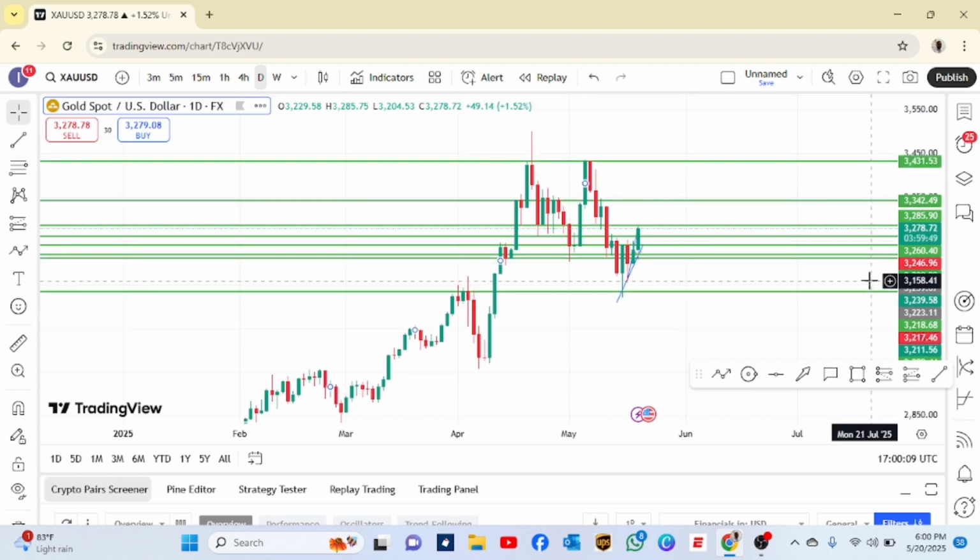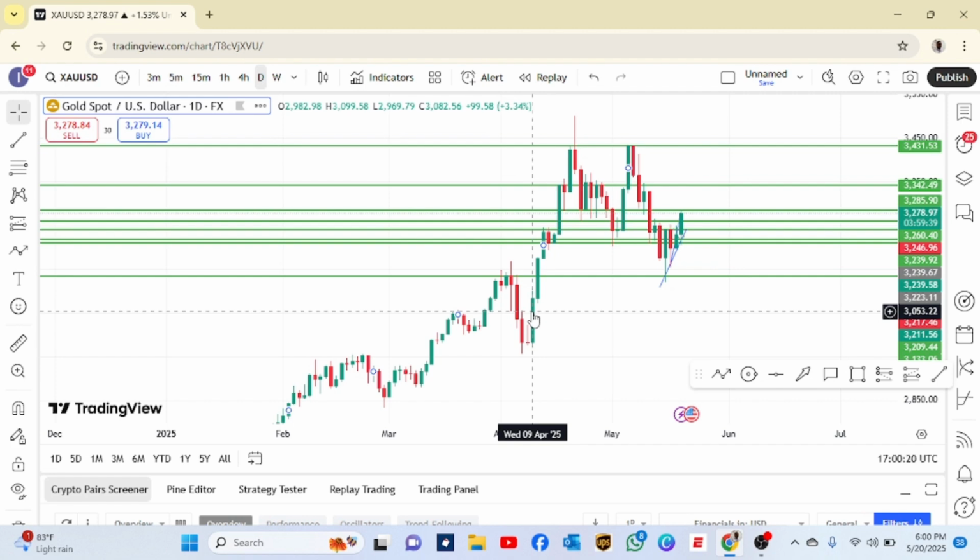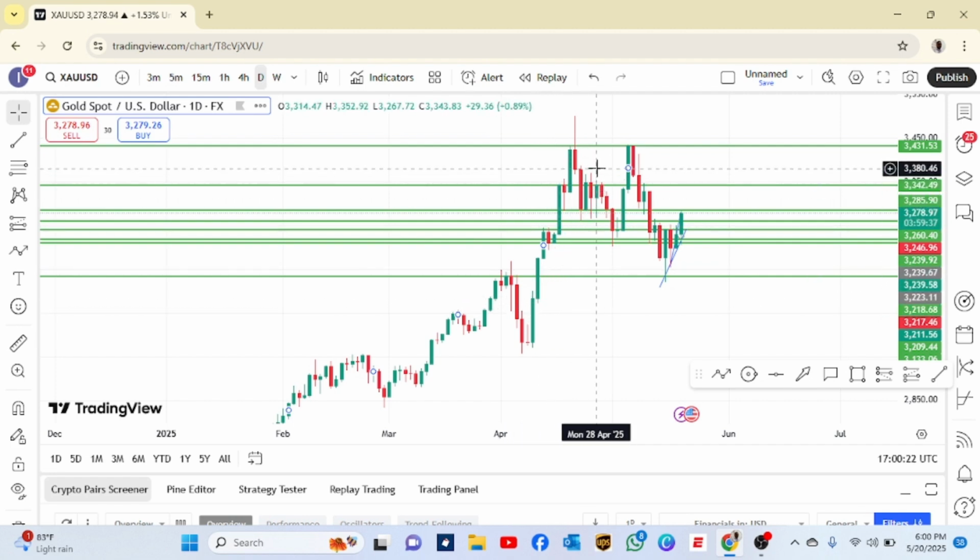So what I basically do is I came on the daily time frame right here. So I try to see the overall trend of the market. But looking at this, the market was heading to the upside for some days now. But the market eventually gave us a double top right here.